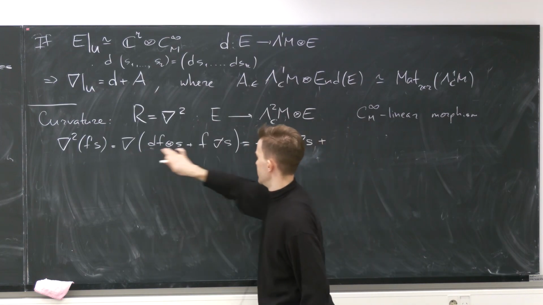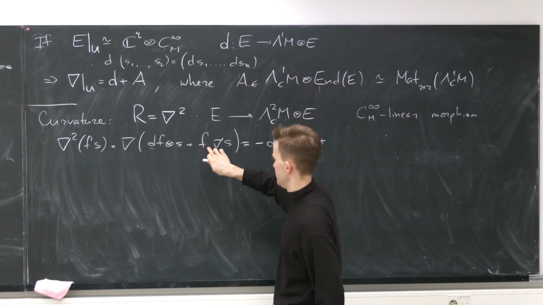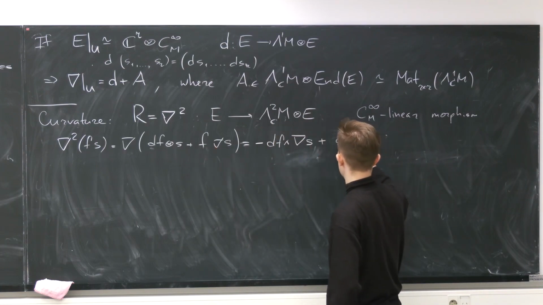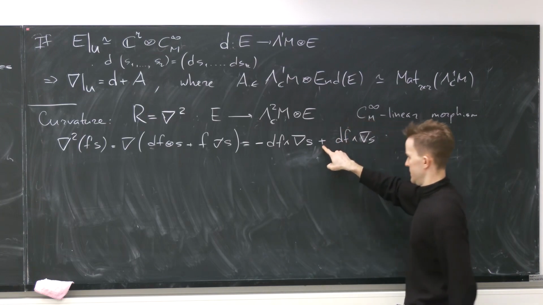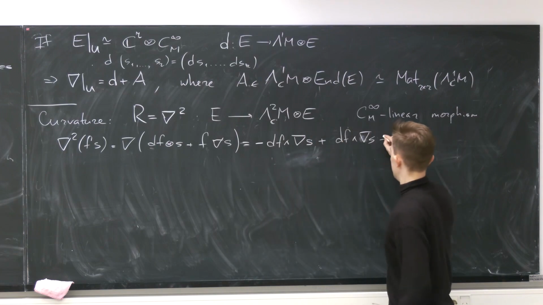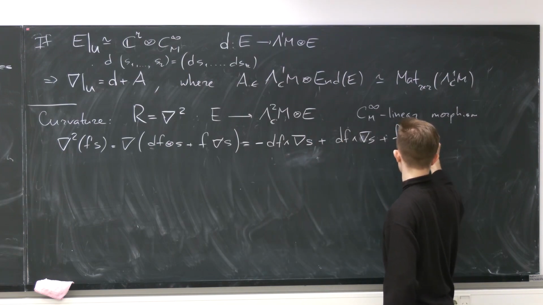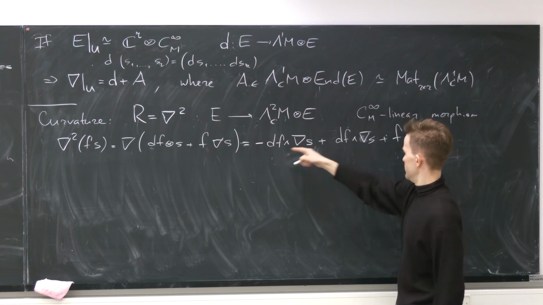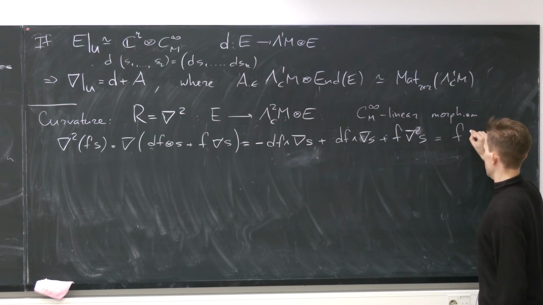And here, nabla f, this will be df wedge nabla s with the opposite sign, and then plus f nabla squared s. So these two things cancel, and I get this identity.